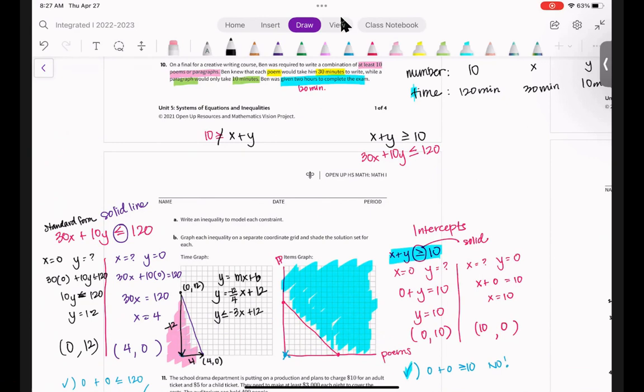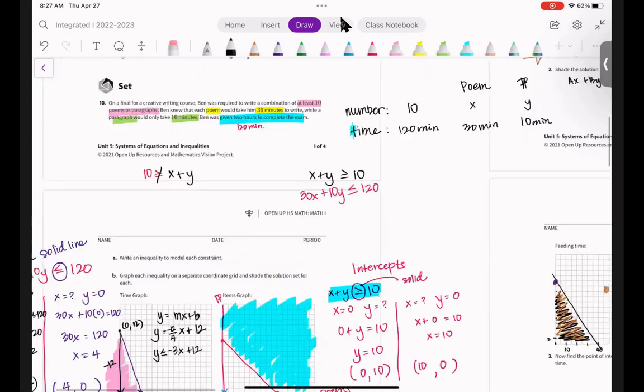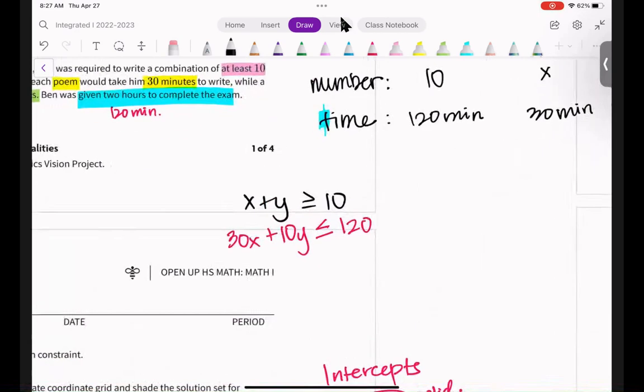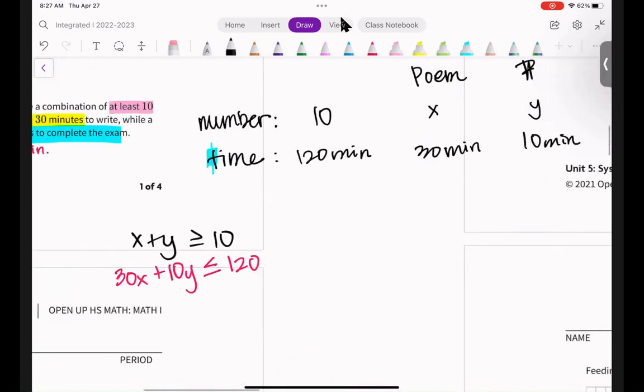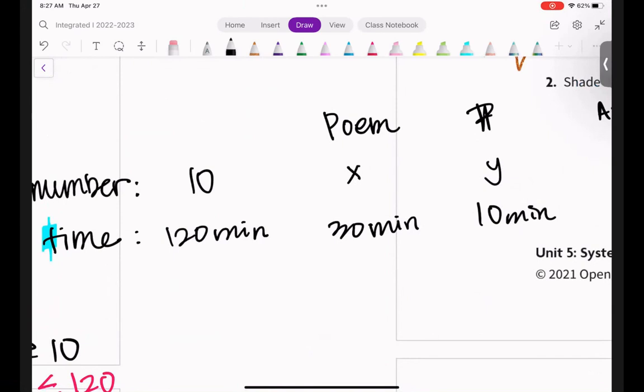As soon as we wrote 10 is greater than x plus y, I said, do you want 10 to be the most or at least? And you're like, oh no, this is wrong. We have to switch this. Well, Miss Johnson, switch it. And so we switched it. So that's not hard. The most difficult part that I saw you all struggle with today was just writing these inequalities right here. And that came from your chart right here, right?